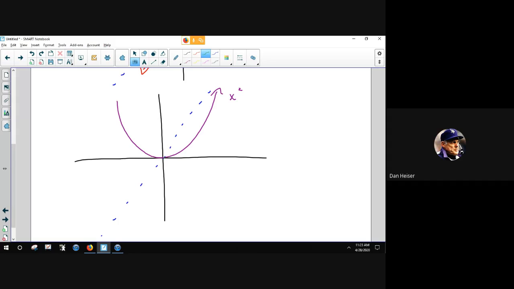From here to here, we are like so. And then from here to here, we are like so. Let's see. If I can do this correctly, it should be like this. There we go.